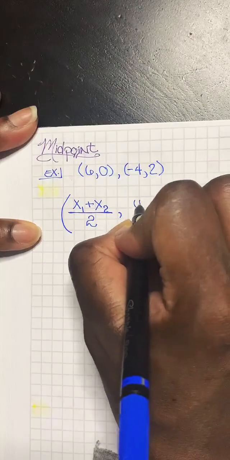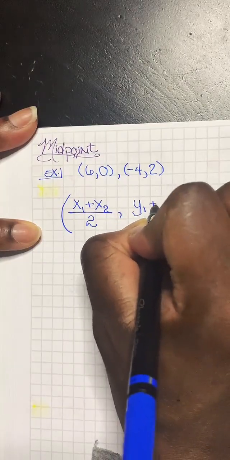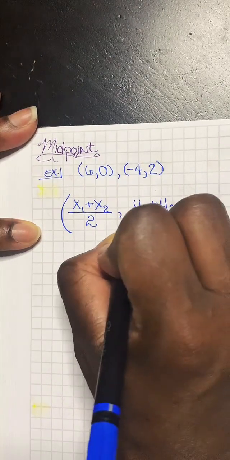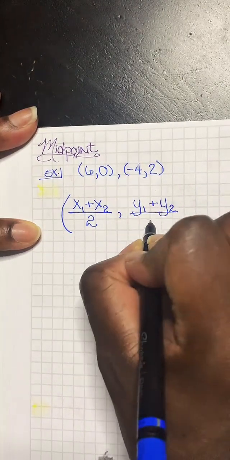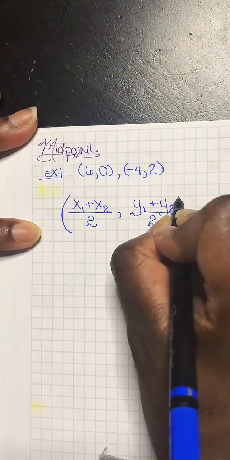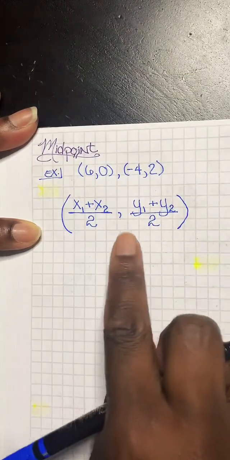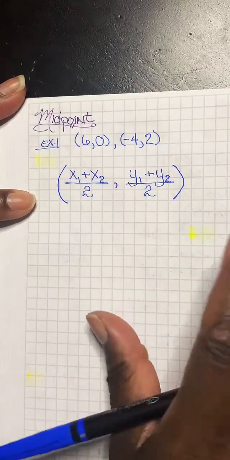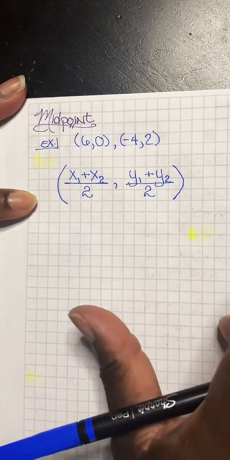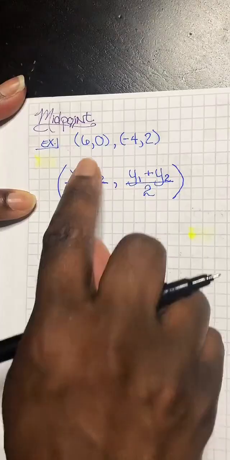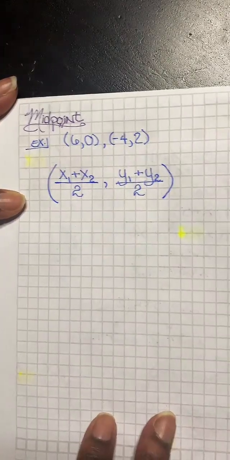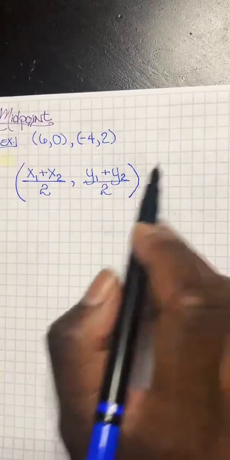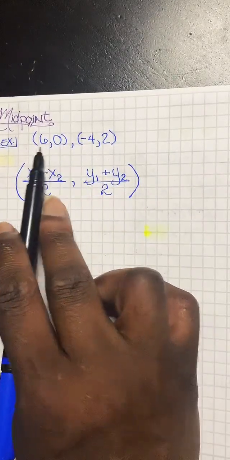Then, I should not put my x's together with my y's. That would be a nightmare. And then we put our y's together. Add them up and divide by 2. That's how you would find the midpoint. It's that simple. In this particular situation, it doesn't matter really because you're adding.